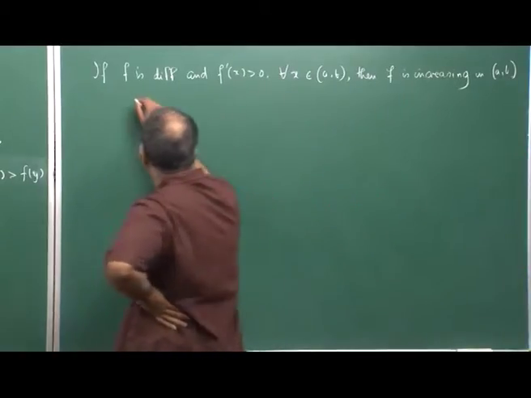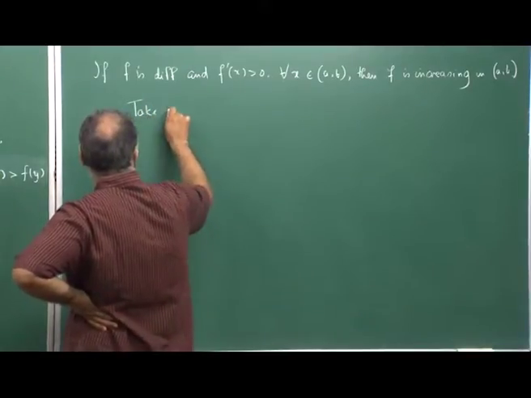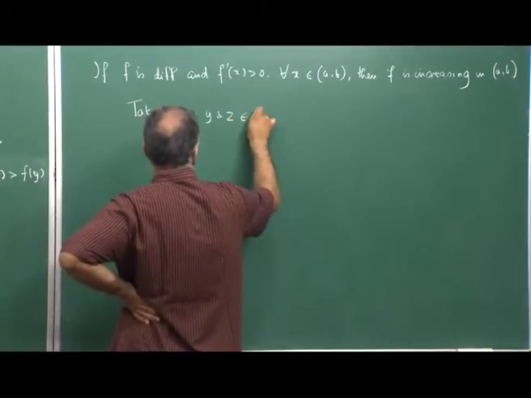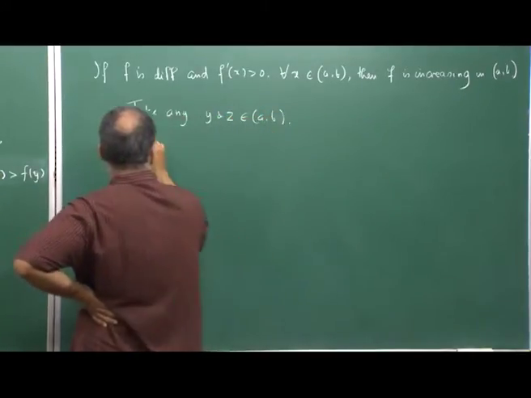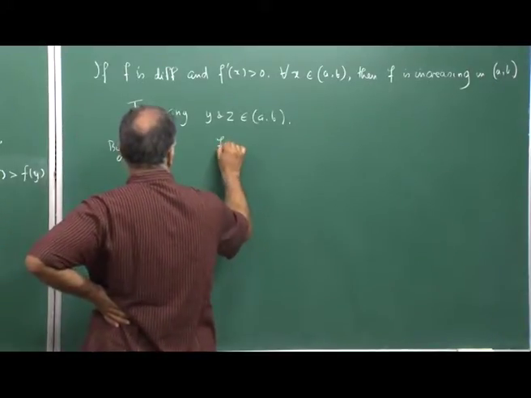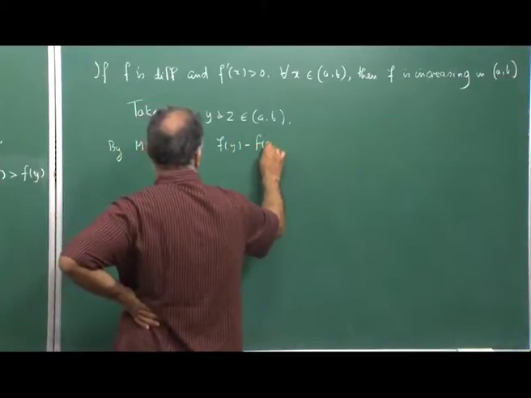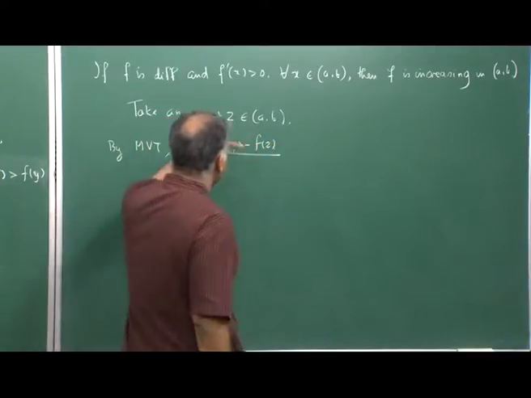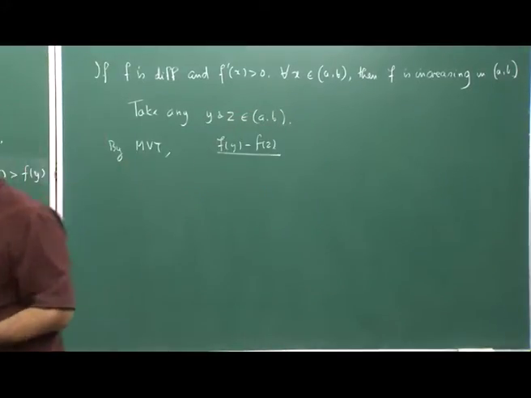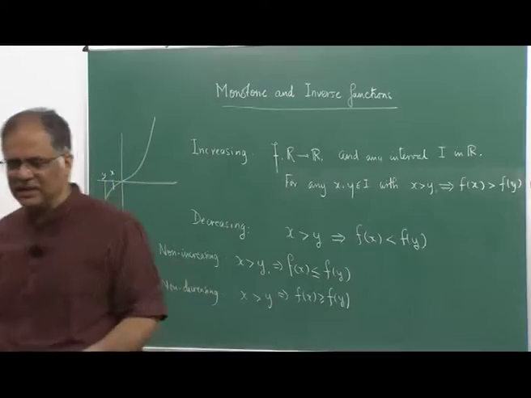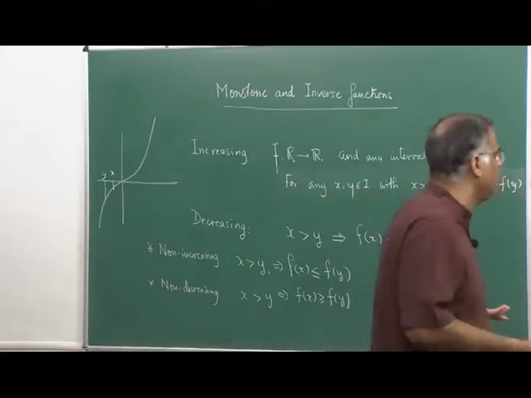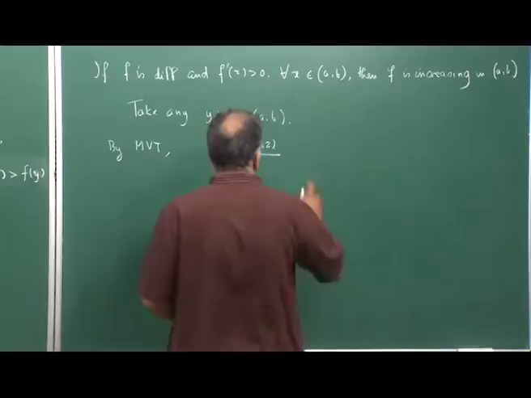Take any y and z, arbitrary y and z in a b. Then by the mean value theorem, you have that Fy minus Fz. Among them, either y is bigger than z, or y equal to z, or y is less than z. Obviously we can't choose y equal to z, since then the function value remains the same.